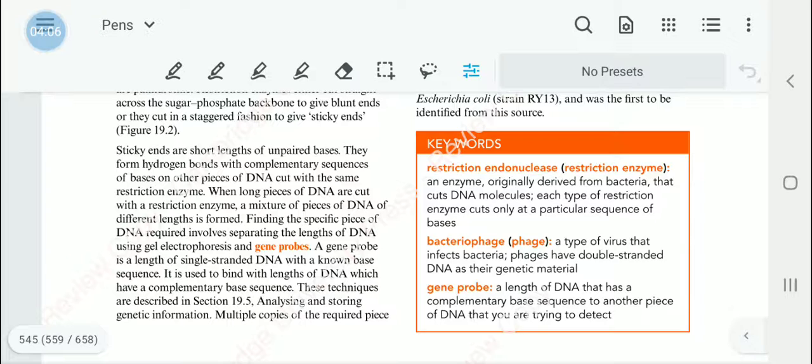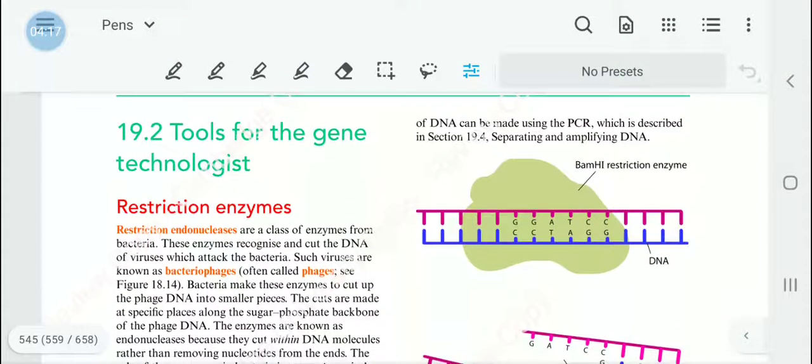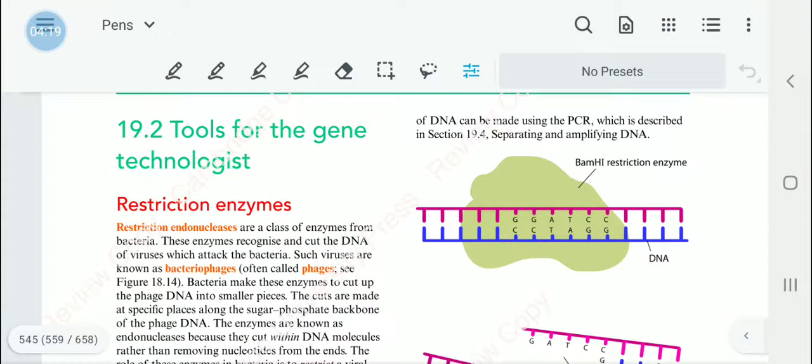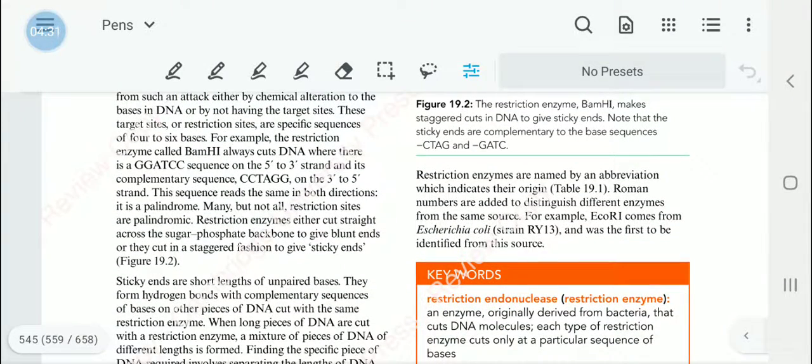This will help us to analyze, sort and also store genetic information. Then by using PCR, we can make multiple copies of a strand of DNA. That will be useful in separating and amplifying DNA. We'll be learning about these in detail later.